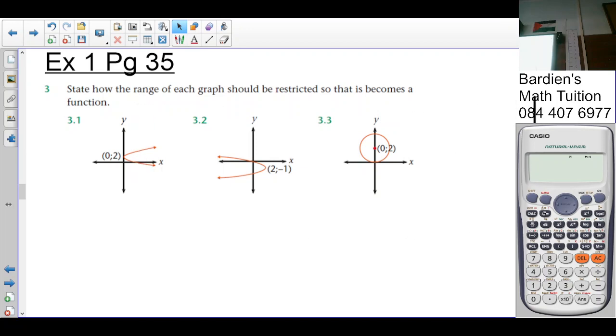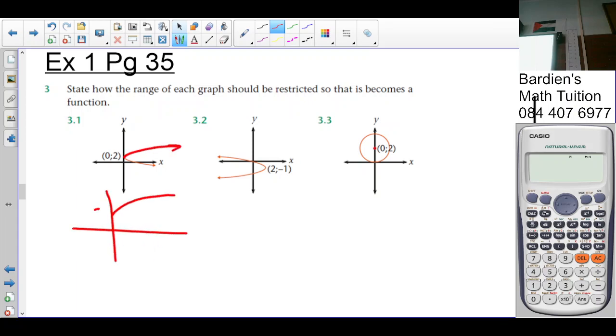So they want to know how you can restrict the range. What is range? All possible y values. How can you restrict the range of the graph in 3.1 so that it becomes a function? If I take that part of the graph only, is it now a function? Yes. Why? It passes the vertical line test.